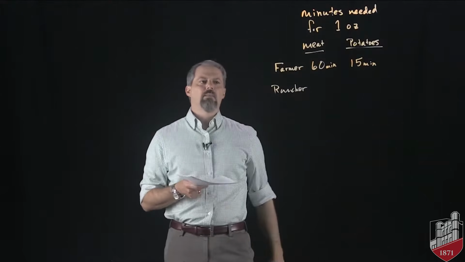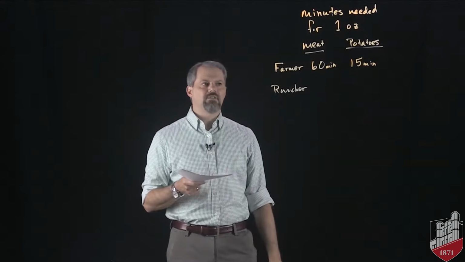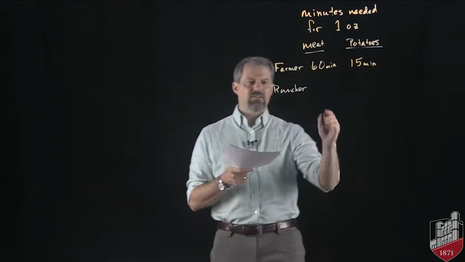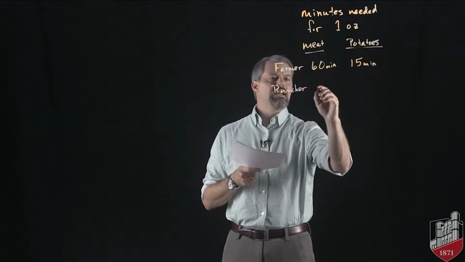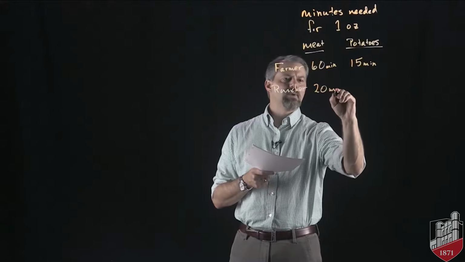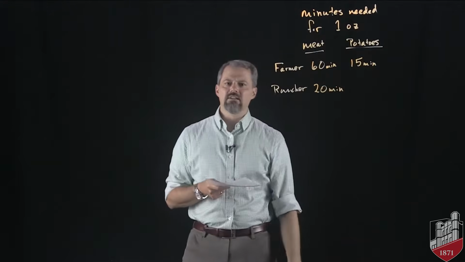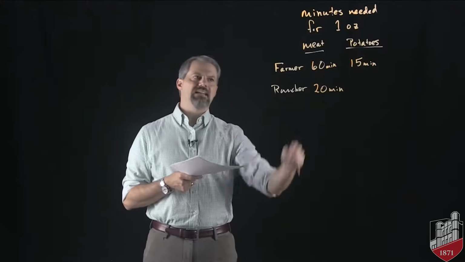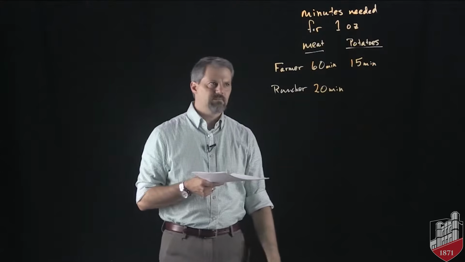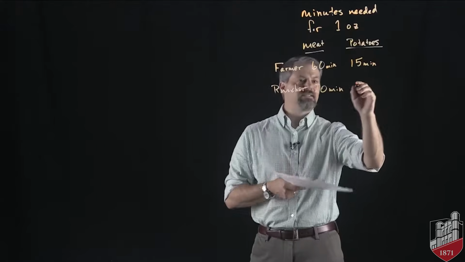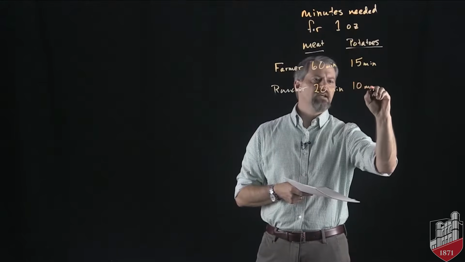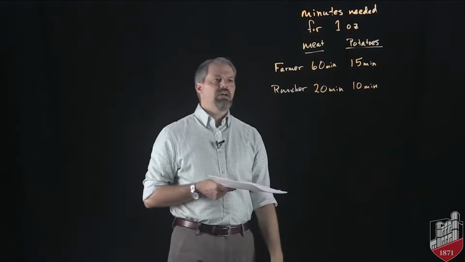Now let's think about how much time the rancher needs to make meat and potatoes. Let's suppose that the rancher needs 20 minutes to make an ounce of meat. So the rancher here clearly is quicker at making meat than the farmer is. Let's suppose the rancher needs 10 minutes to make an ounce of potatoes.